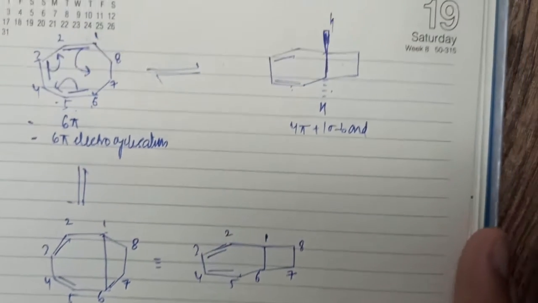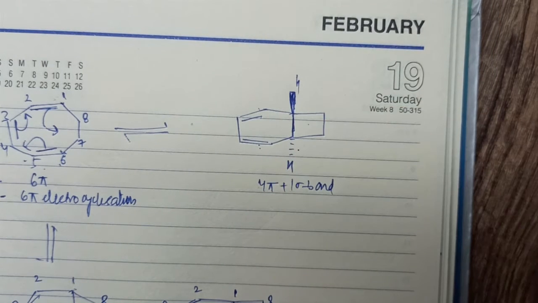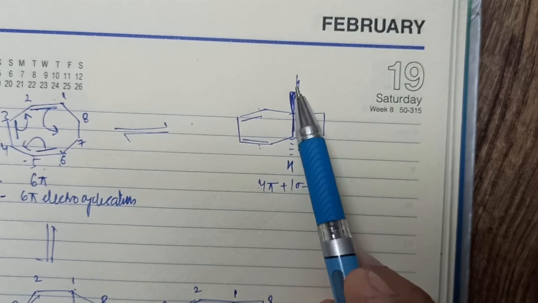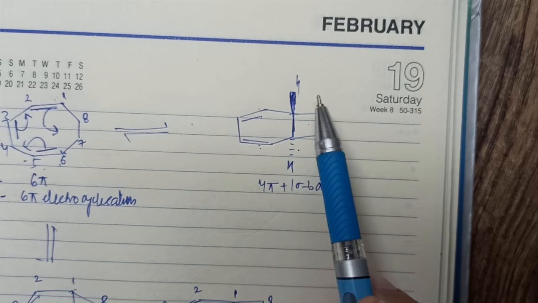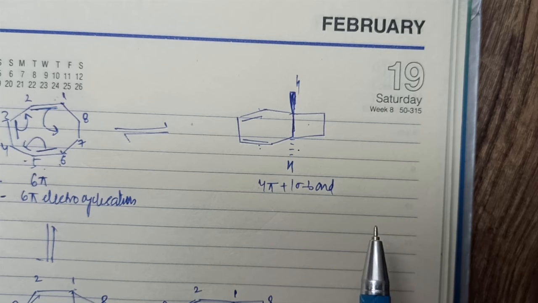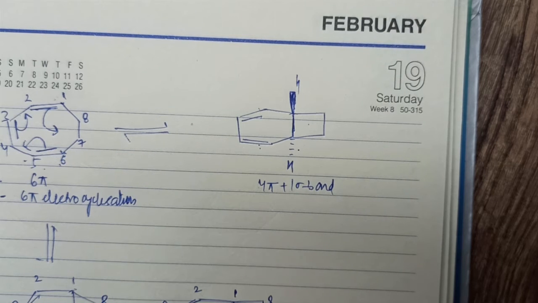Now, if you look at the reactant here, you'd find that both hydrogens have a trans relationship with one another. How they will have a trans relationship will be decided on the basis of the stereochemical mode, and that is where we'll explain which stereochemical mode is followed. Now, which hydrogens are we talking about?